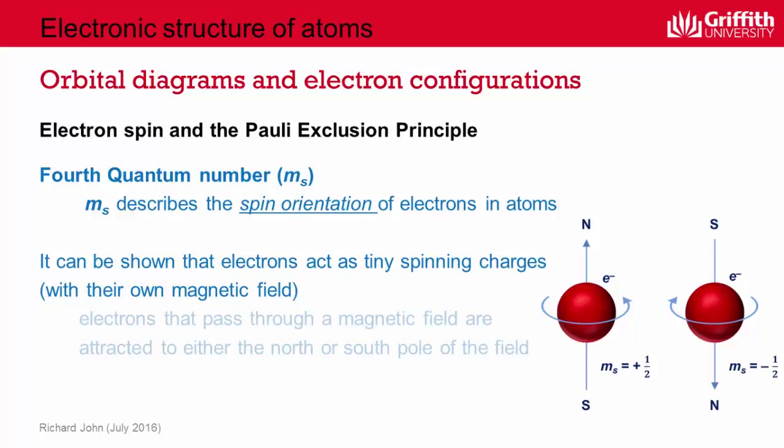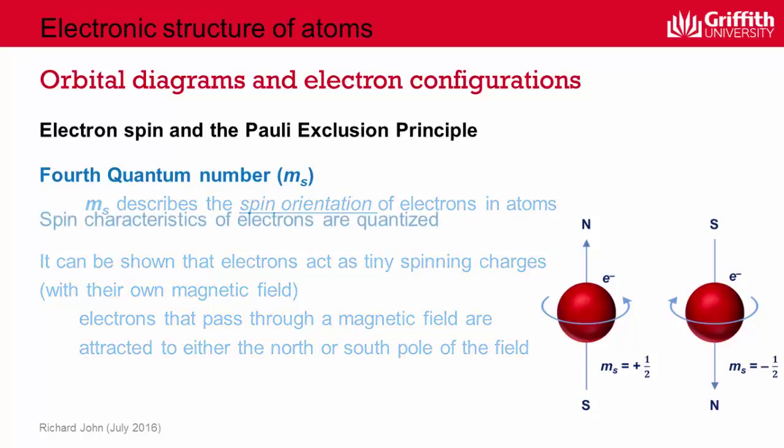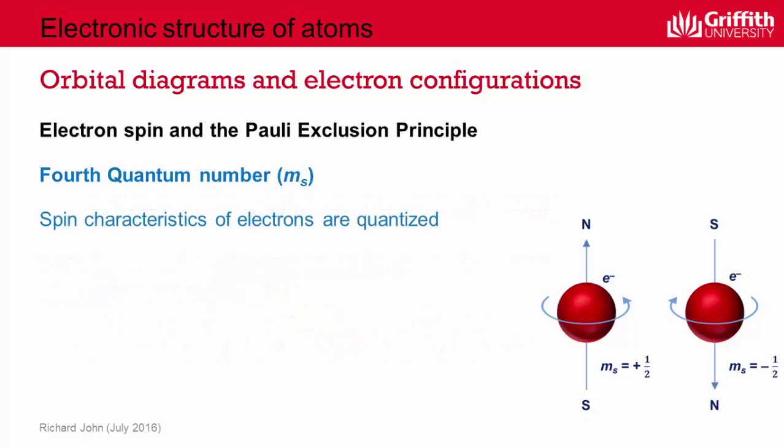Electrons that pass through a magnetic field are either attracted to the north pole of the field or to the south pole of the field, as if they were tiny electrical charges spinning on their own axes, generating their own magnetic field.